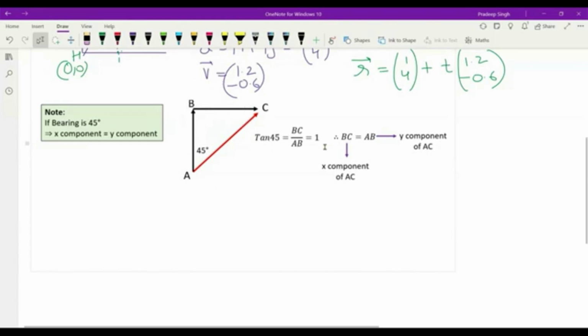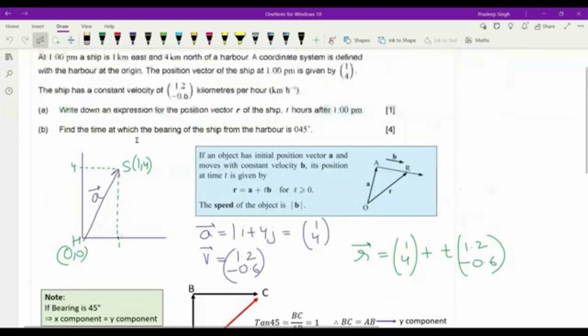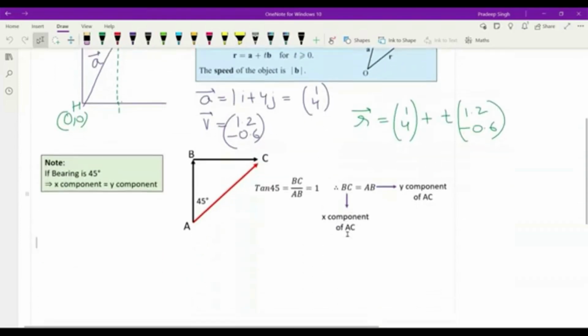So BC upon AB. Tan 45 is 1, and that's why we get BC and AB are equal. We say the x component of the displacement AC is equal to the y component of AC. In part B, we are given that the angle required is 45 degrees. So we have to use this concept, x component and y component are equal.